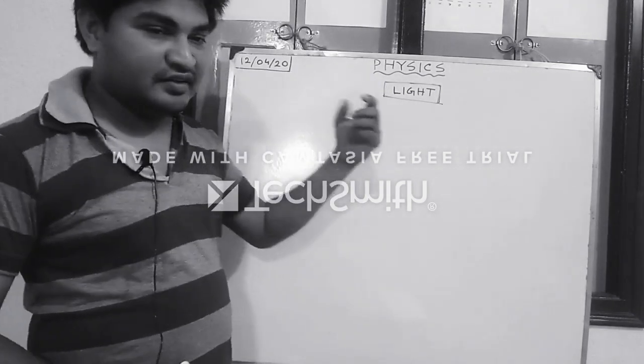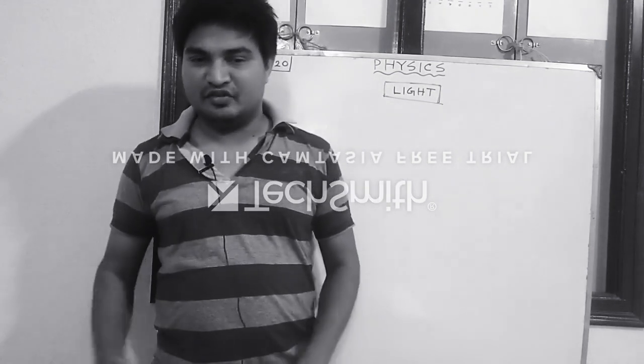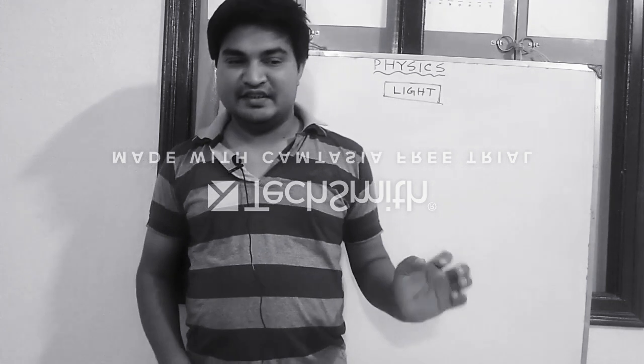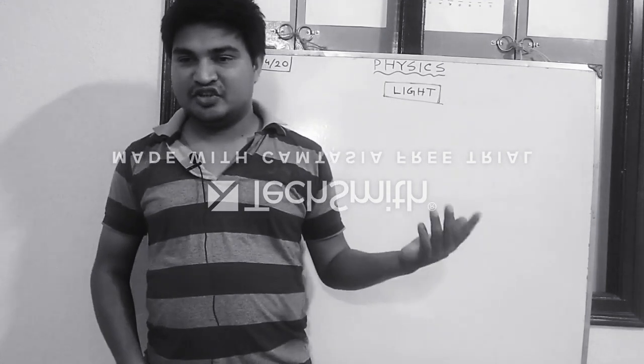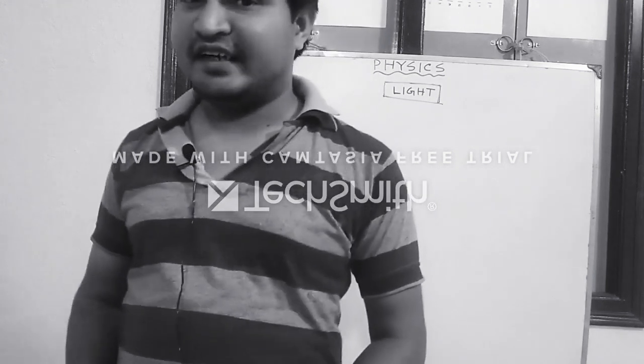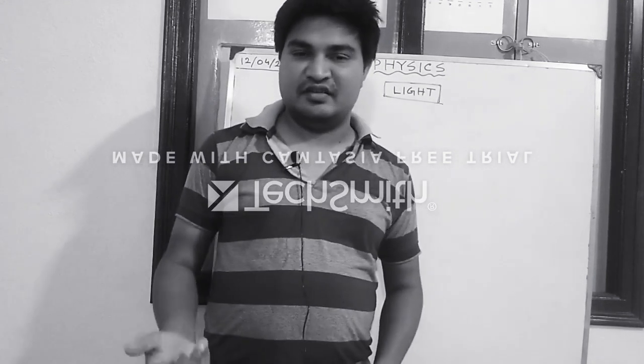And luminous sources are also classified into two different groups that are not present in your copy. One is natural sources of light and another is artificial sources of light. Sun and stars are the natural sources of light, and electrical bulb and candle are the artificial sources of light.